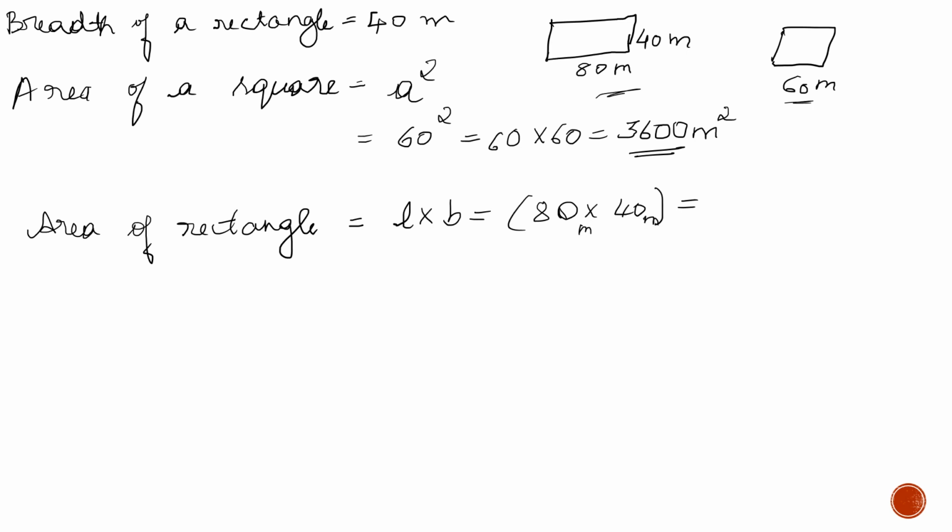That is 80 into 40. 4 eights are how much? Think. 32. Then 2 zeros. Meter into meter, meter square. We know that unit of area is meter square. We got area of the square as 3600 and area of the rectangle as 3200. Now, whose area is more? Area of the square is more.